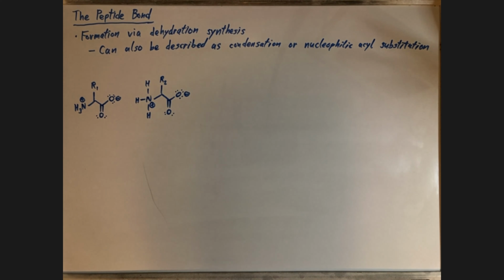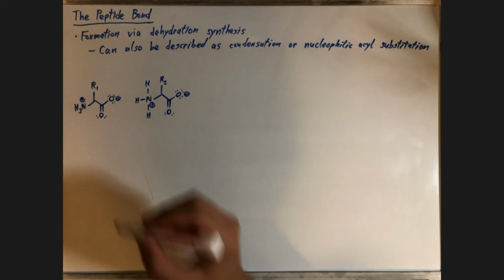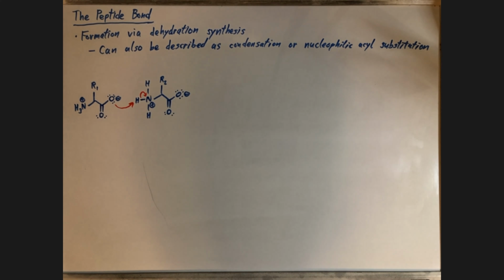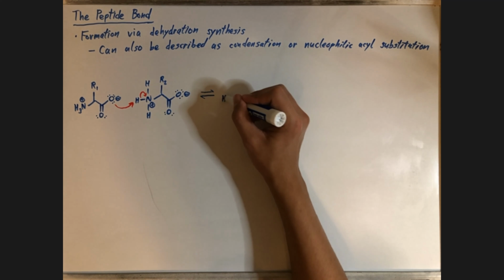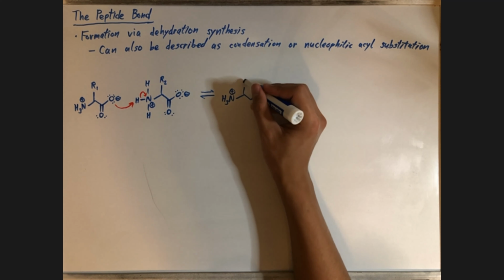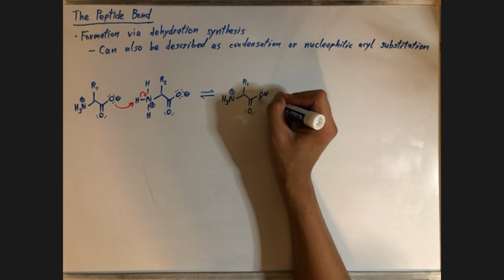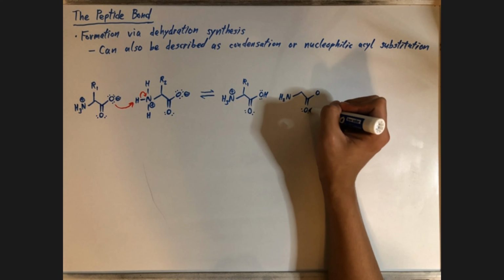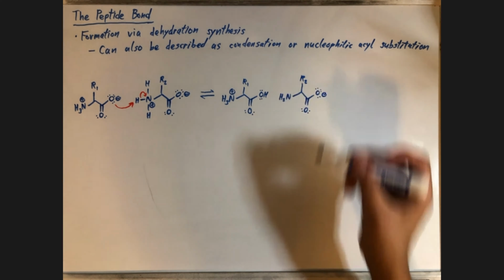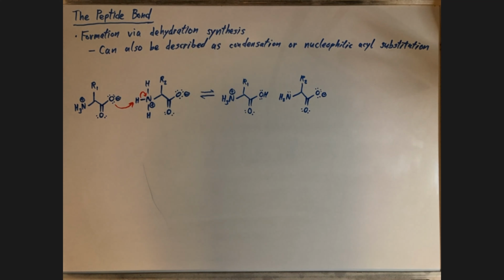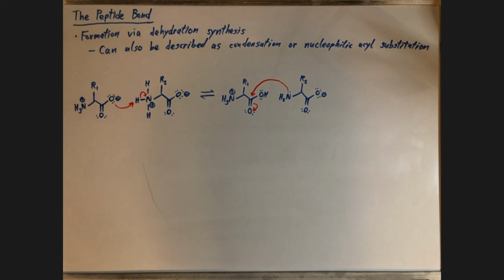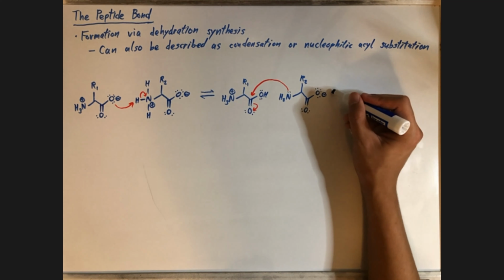So here we have 2 amino acids, and the alpha carboxylate of one of them is going to attack the protonated alpha amino group of the other, and it's going to steal its proton. Then, the alpha amino group of the other amino acid is going to attack the carbon center of the alpha carboxyl group and form a tetrahedral intermediate.